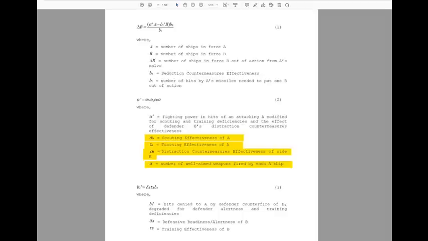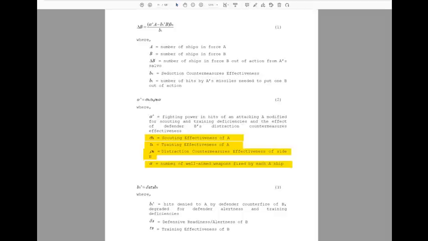Okay, that's an interesting thing. Then you have rho B, distraction countermeasure effectiveness of side B. And then, of course, you have alpha, the number of well-aimed weapons fired by each A ship. And then you also have this product of B prime 3 in this formula. Guess what it is? And you go into the B3 prime, which also is a product, including delta B, defensive readiness alertness.